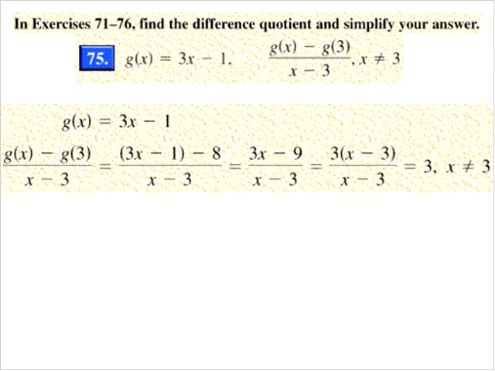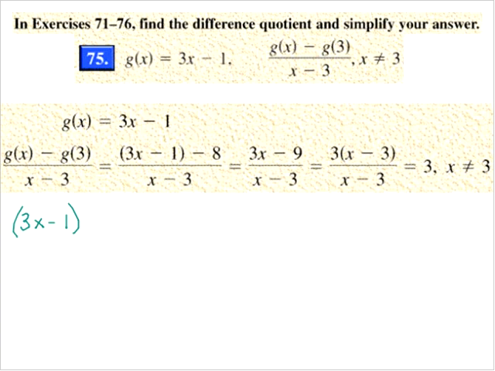Okay, then lastly, find the difference quotient and simplify your answer. All right, so here is our difference quotient, and we know that g of x is 3x minus 1. So that's what I'm going to start with, g of x. All the work is there, but I'm going to do it by hand here, so hopefully you can try to follow along. So g of x is just 3x minus 1.